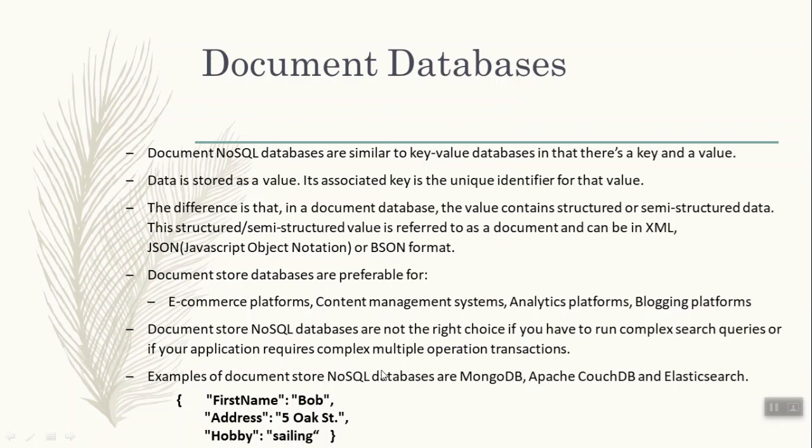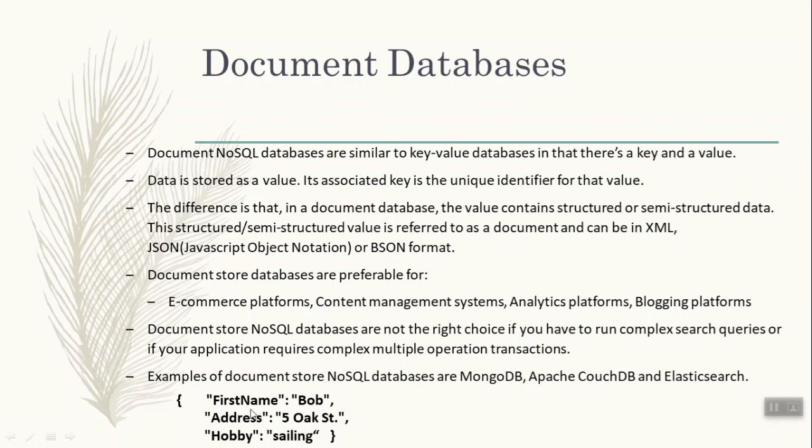That means this type of database should not be used when we have complex search queries. We can use these when we need to store a large amount of data without further processing of the data. Examples of document store NoSQL databases are MongoDB, Apache CouchDB, Elasticsearch.